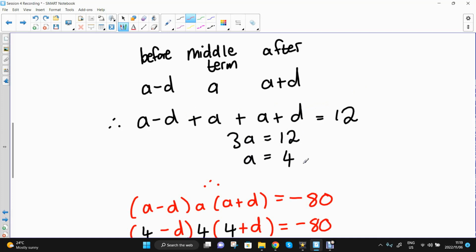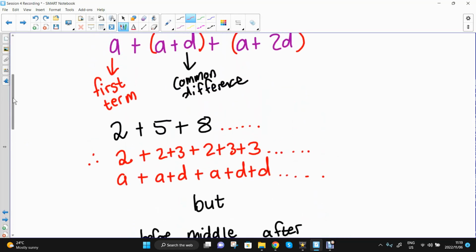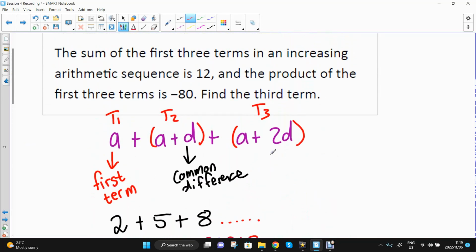Very quick. Now, just to go back, if you had to use this formula, it's not wrong. So if you wanted to say a plus d plus a plus 2d, all of that is equal to 12, the problem is you are still going to end up with two variables.